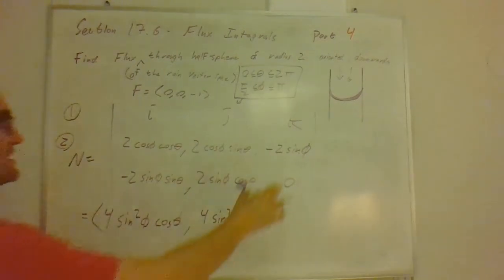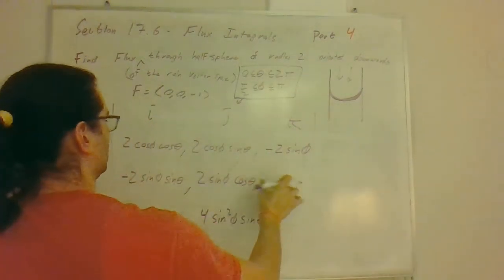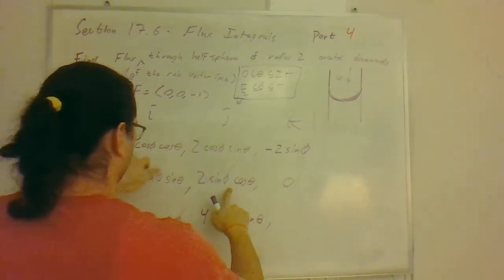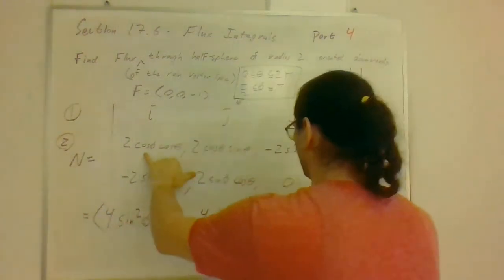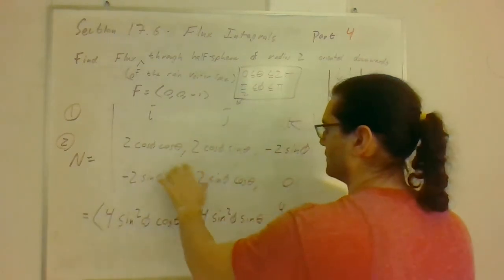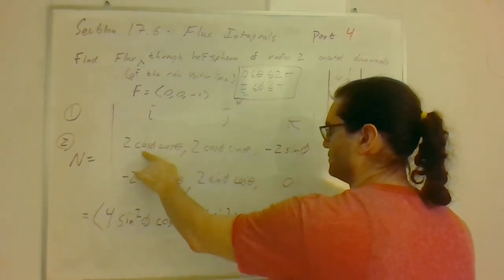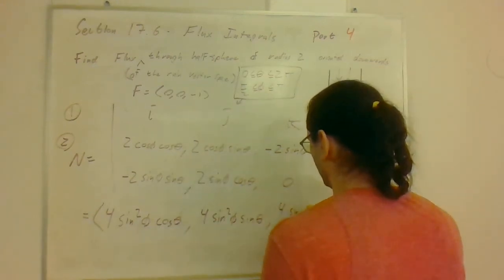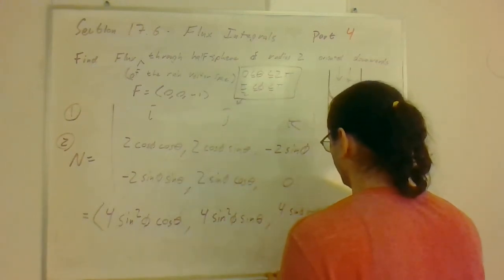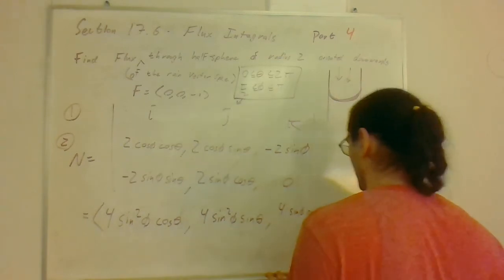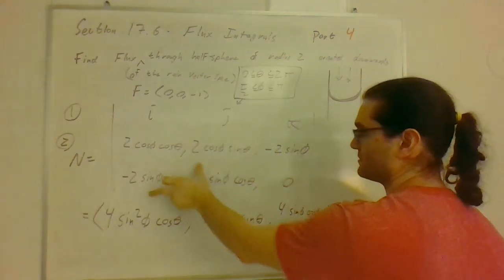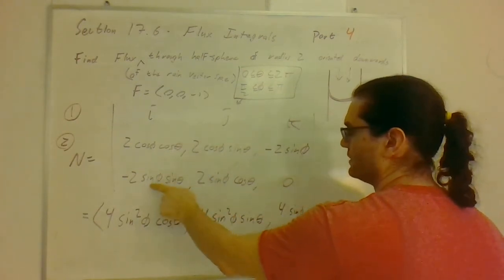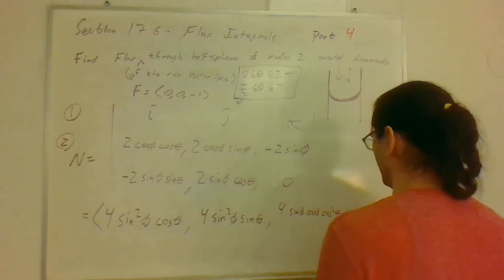When we expand across k, we will get 4 cosine phi sine of phi cosine squared theta, minus negative, so positive 4 plus 4 sine phi cosine phi sine squared theta.